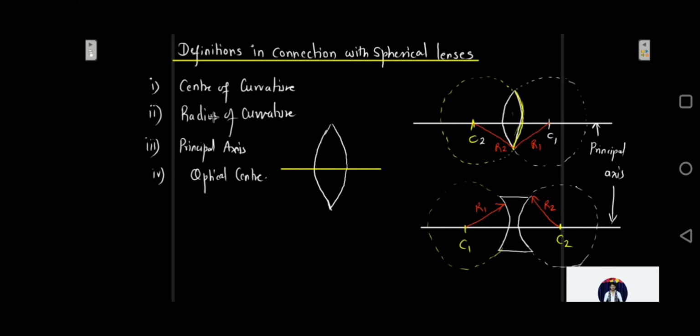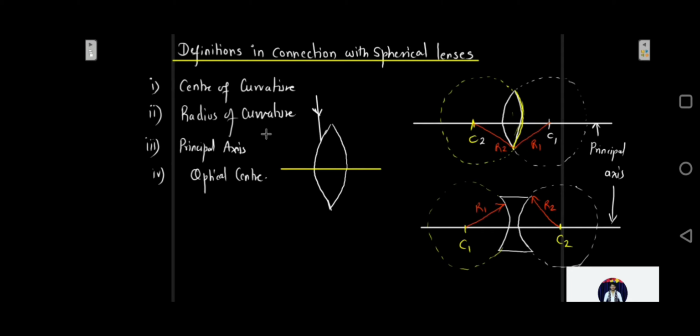Supposing a ray of light is made incident on the lens, let's say like this here. I make a ray of light incident on the surface of the lens.